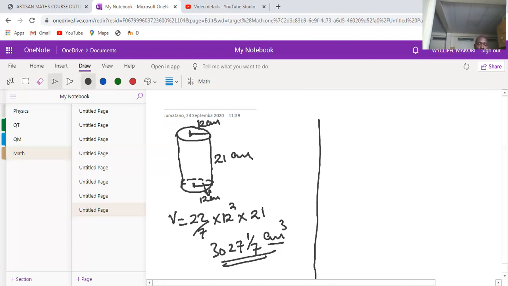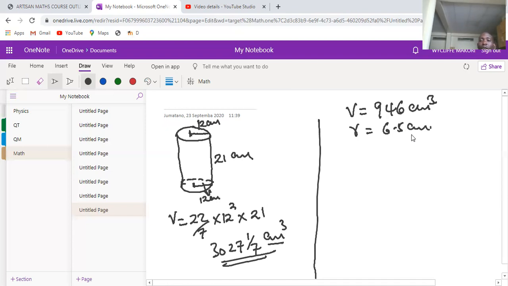But I want to say something here: anytime you are given a formula, it is not necessary that you have to calculate the volume each and every time. You can be given the volume and asked to calculate, for example, the height. You can be told that the volume is maybe 946 centimeters cubed, and you are given the radius, maybe 6.5 centimeters.